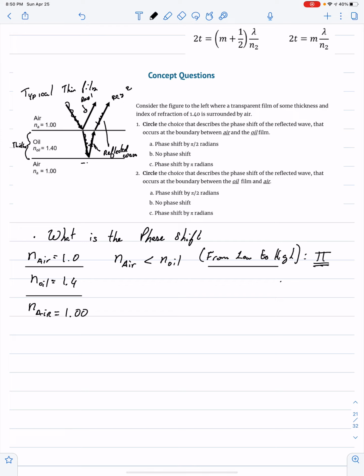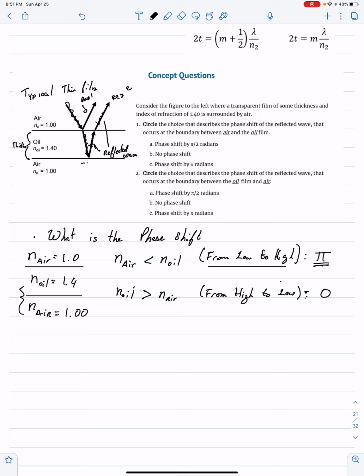For the second one, it's going from oil to air again, from high to low. In this scenario it would be 0. Again, from high to low is 0, from low to high is pi.